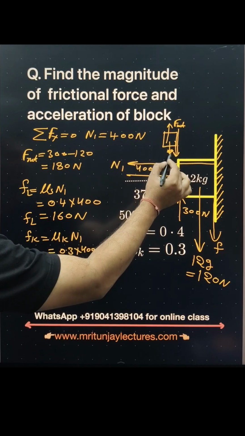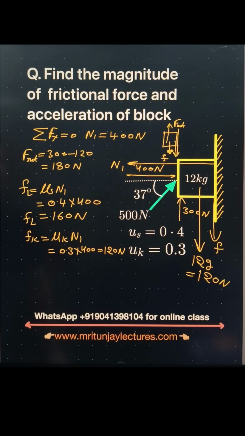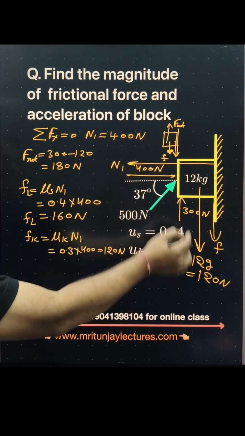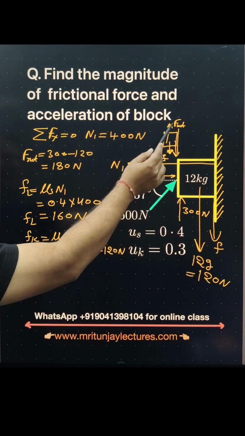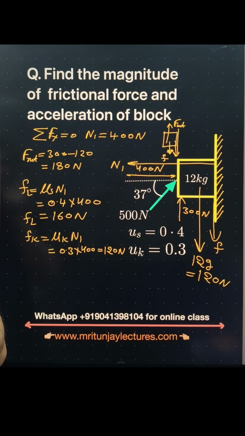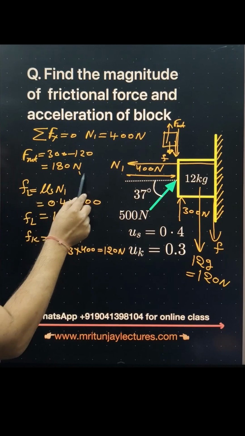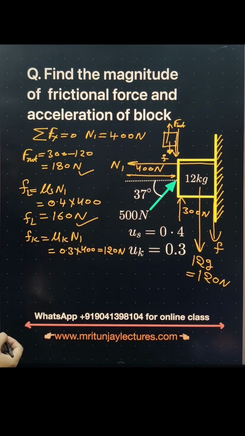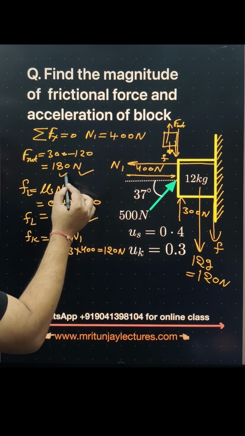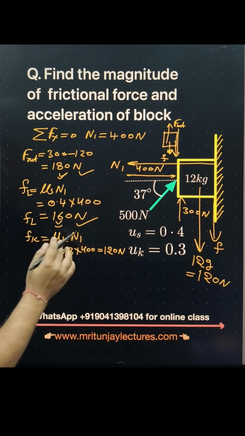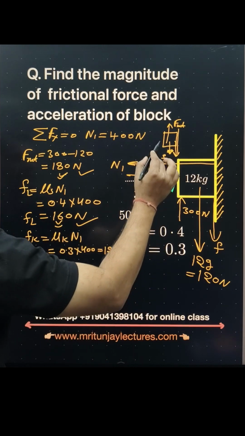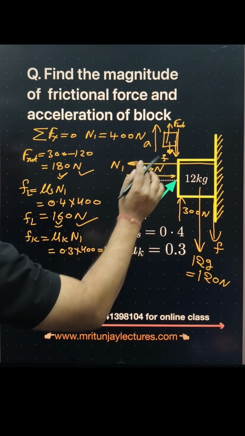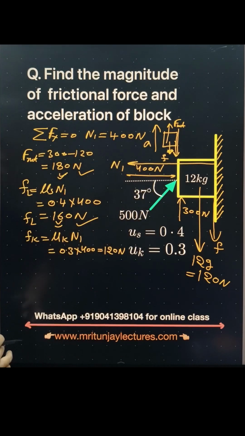So whether this block is moving or not is decided by the net force and the limiting frictional force. Net force is how much? 180, and limiting frictional force is 160. So this force is greater than that one. It means this block is moving in which direction? Upward.